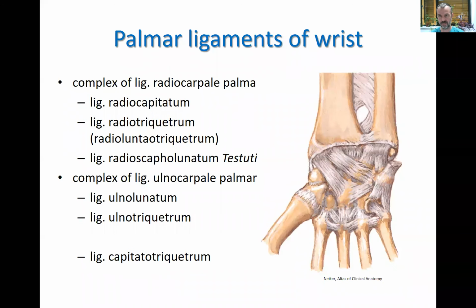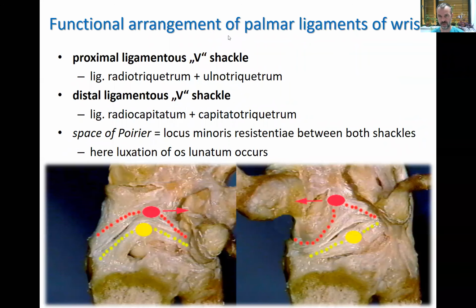What is clinically very interesting is that when you perform a radial or ulnar adduction, the ligaments can form such openings. As you can see, they form a V shape, and this V shape can open or close like a shackle.